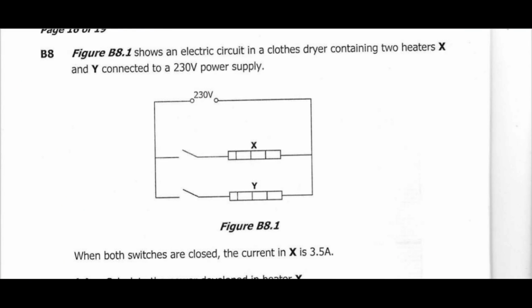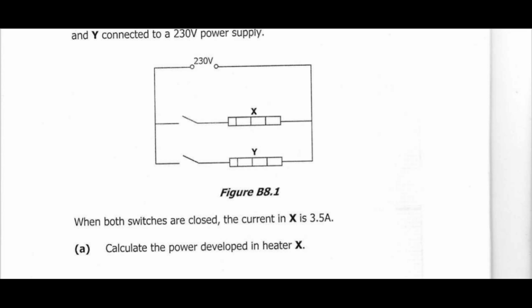We move on to question 8. Figure B8.1 shows an electric circuit in a cloth dryer containing 2 heaters X and Y connected to a 230 volts power supply. When both switches are closed, the current in X is 3.5 amps.